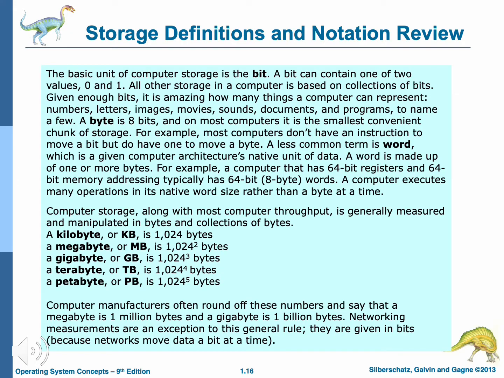A terabyte or TB is 1024 raised to the power 4 bytes. And a petabyte or PB is 1024 raised to the power 5 bytes. Computer manufacturers often round off these numbers and say that a megabyte is 1 million bytes and a gigabyte is 1 billion bytes.